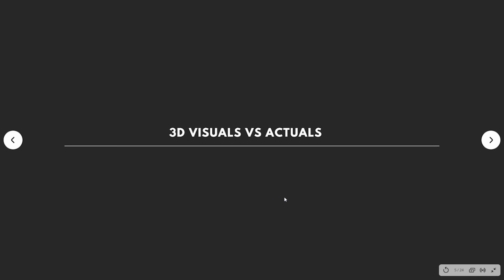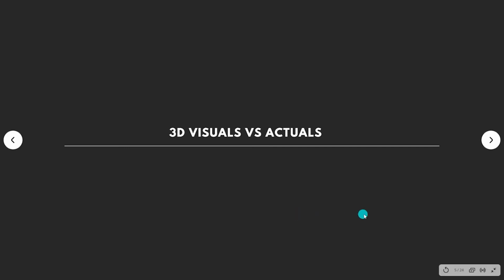So there was always a small gap between what was presented and the final outcome. In the current scenario, due to the advancement of technology, we are able to achieve high precision in the 3D visualization process. So once these 3D renders are provided, the client knows what to expect and also what not to expect from the final outcome.